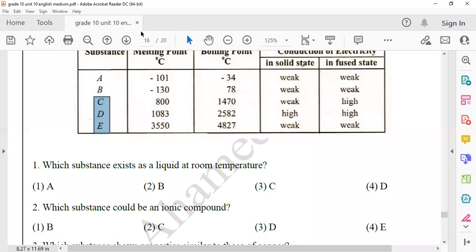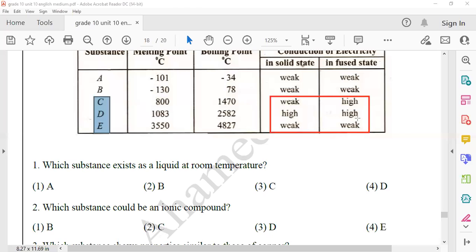That means either C, D, or E. Only one you have to pick. Which one it is will be decided by this quality.